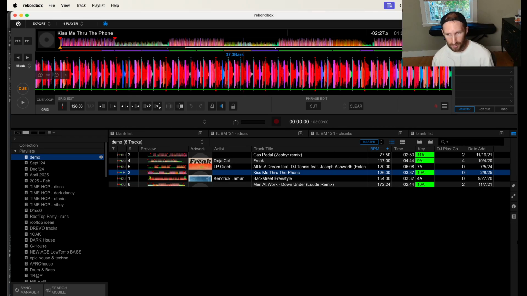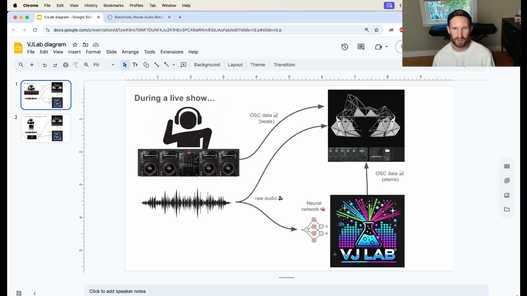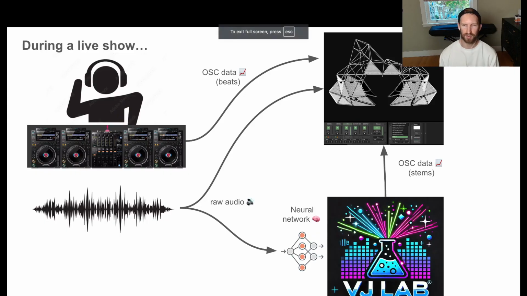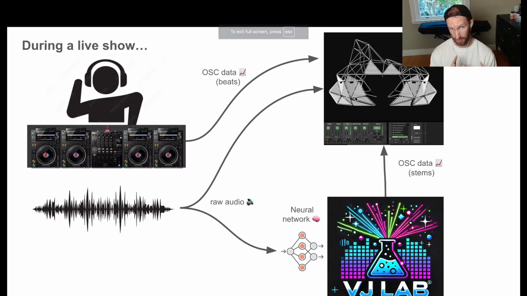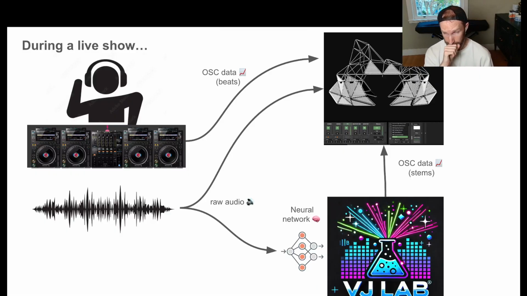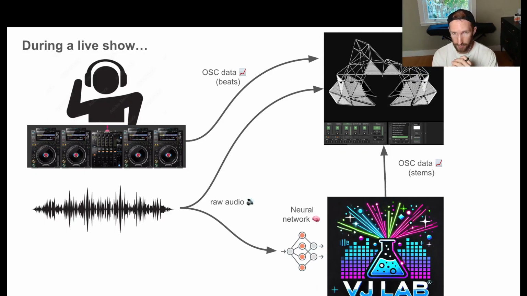So, cool. Let's talk through how we actually get this set up and running. First of all, it's useful to think a little bit about what happens during a live show. During a live show, we've got a DJ, right? And they're playing on some Pioneer decks, or could be any other deck, but for our setup, they use that.